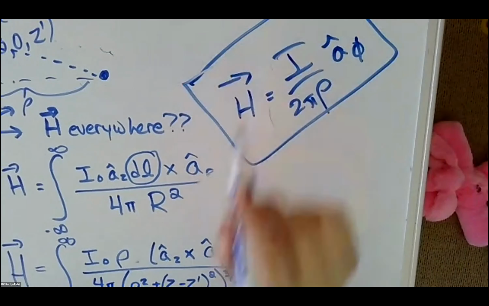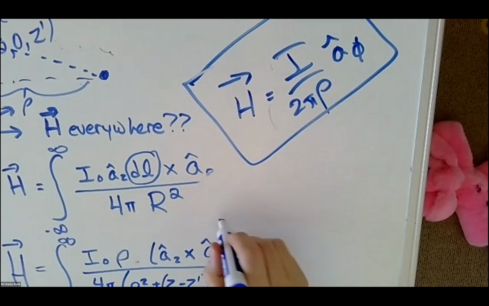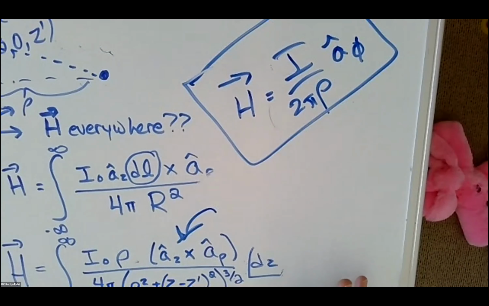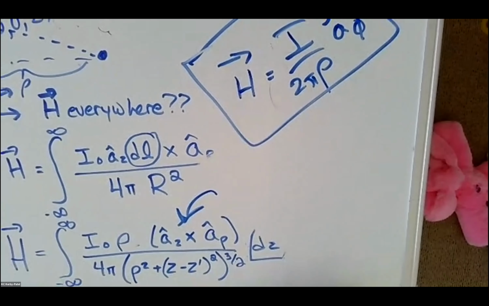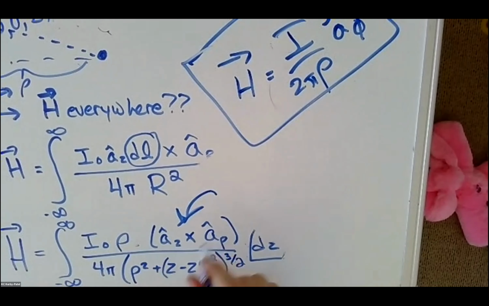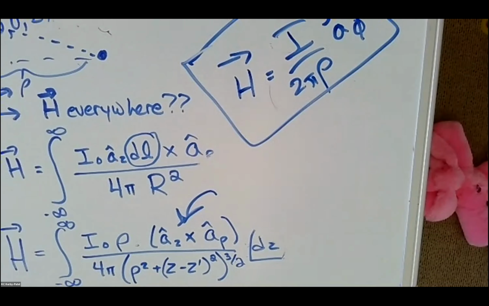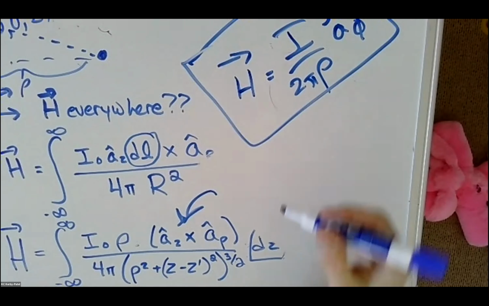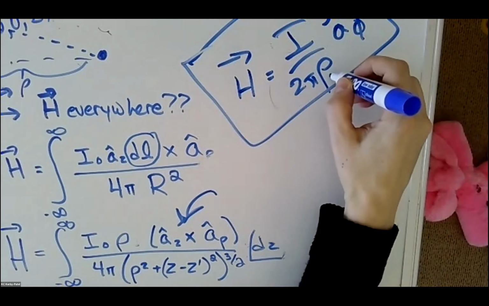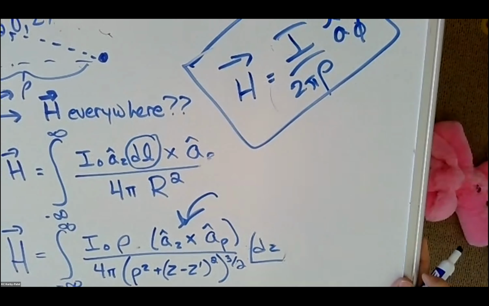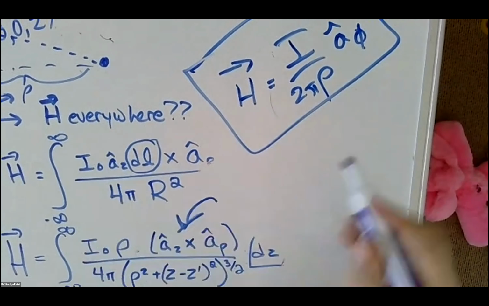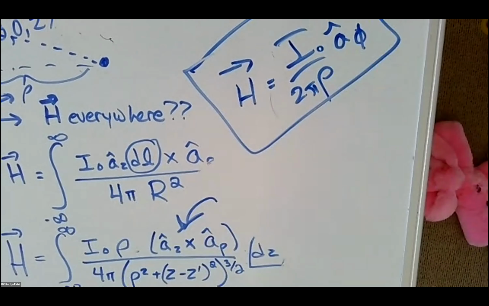And that's it. The way this happens is that the cross product we wrote down when writing the whole integral, a hat z cross a hat rho, gets you an a hat phi directed unit vector. So that's where that comes from. And when you evaluate the rest of the integral, you get this 1 over rho factor in the bottom. And I used I naught here, so that should be an I naught.